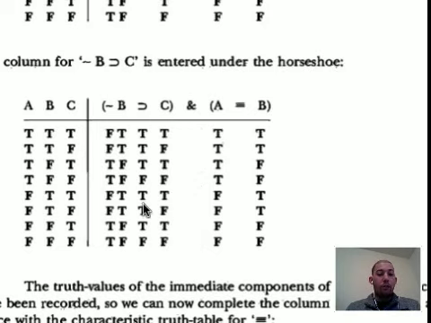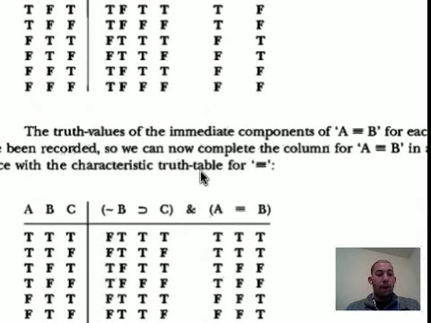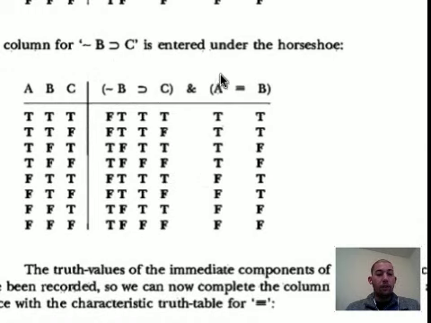Because this is the outermost connective of this component. So we first have to work on this component before we can actually determine the truth values for the conjunction. So that's what we're going to do in this next step. And you'll notice that this component sentence is a biconditional.